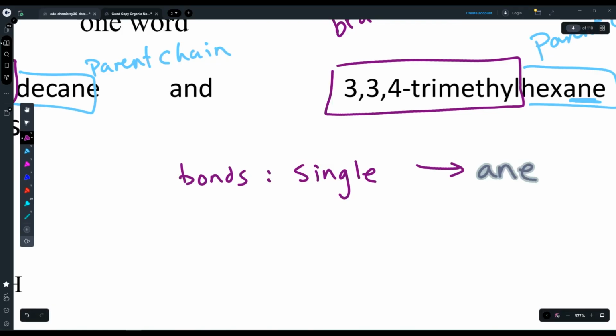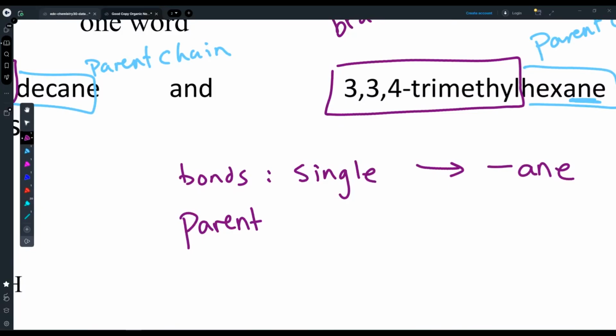Okay, and actually I'm going to put a dash there. Make it easier to see that's a suffix. Okay, even if there was only 1 double bond, that would make it so that it is no longer an alkane. Okay, so if there's only single carbon-carbon bonds, that is the only case in which you will have an alkane.